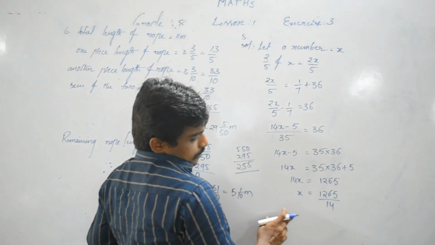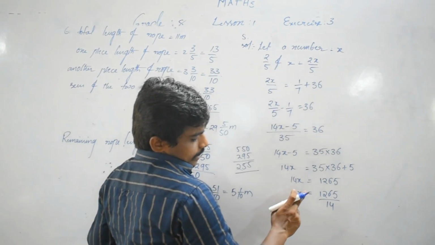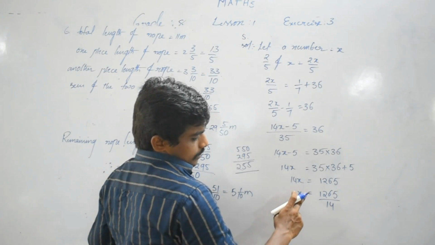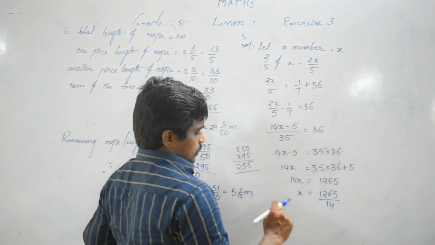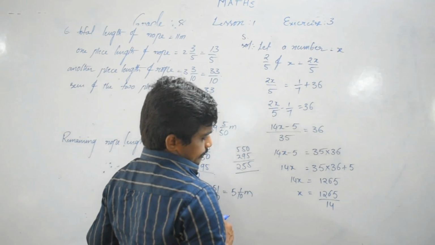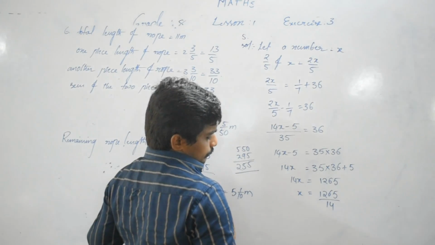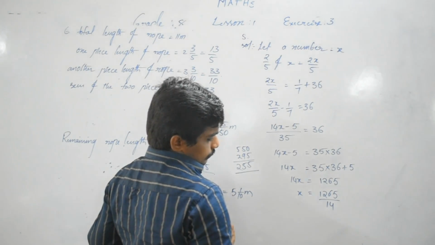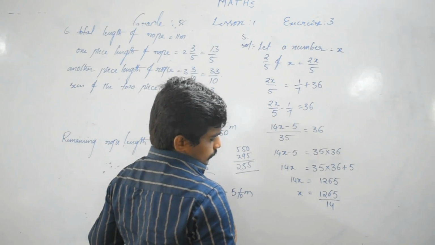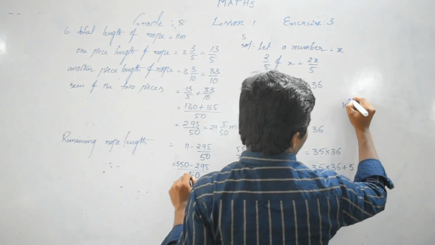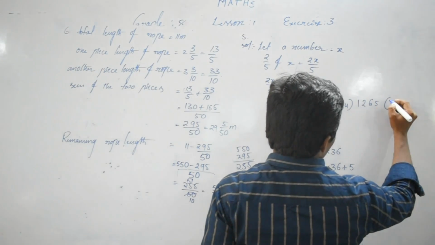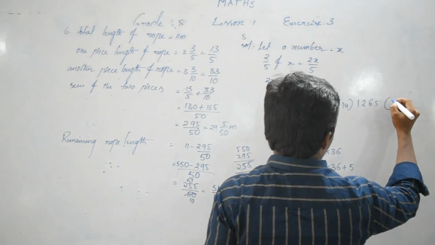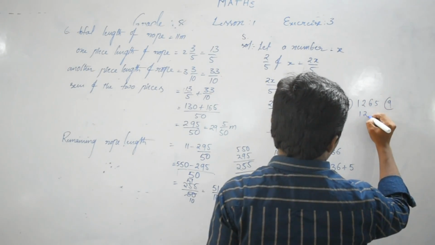14, 7s are... we check. 7 5s are 10. So here it is not coming. X value, 14, 1265. 14 9s are 126.